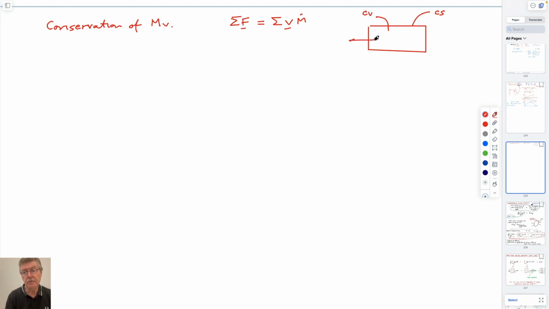Very simply, we'll write V1 and V2. And I'll put a coordinate system on this. And this would be X and this would be Z. And all I want to do is write out the terms in terms of momentum and velocity.